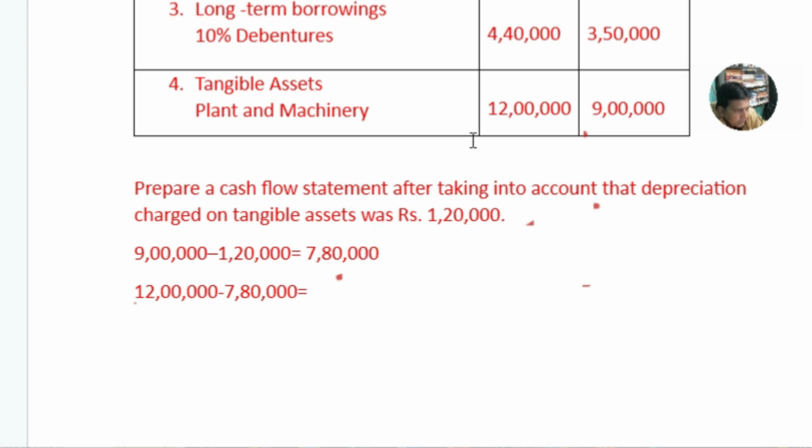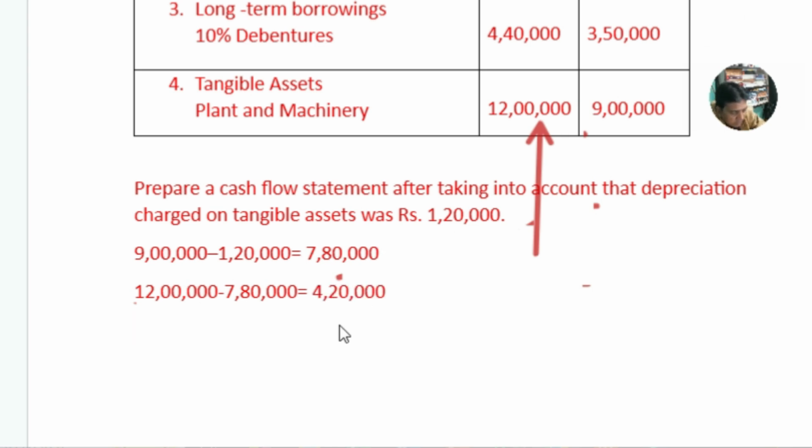But here the balance is showing 12 lakh. It means that during the year additional plant and machinery was purchased, and that represents 4,20,000.